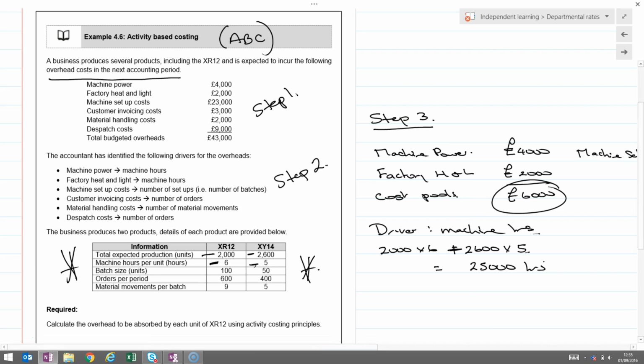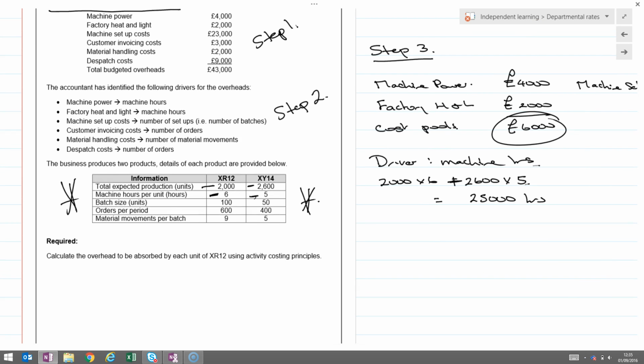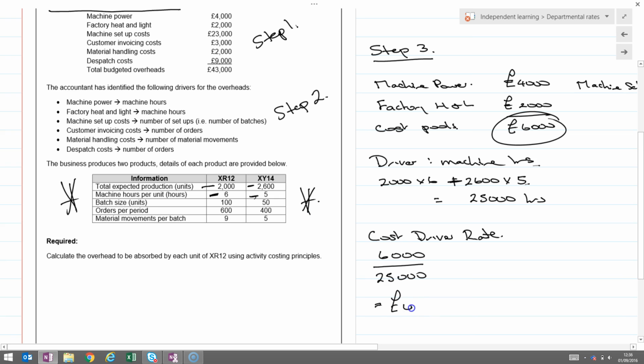So now we can work out our cost driver rate. So it's our cost pool of £6,000 divided by the driver, which we know is machine hours, which were 25,000, gives us 0.24 per machine hour.